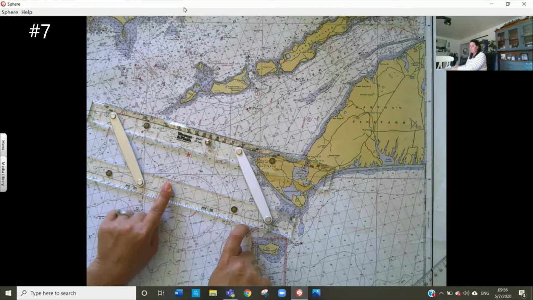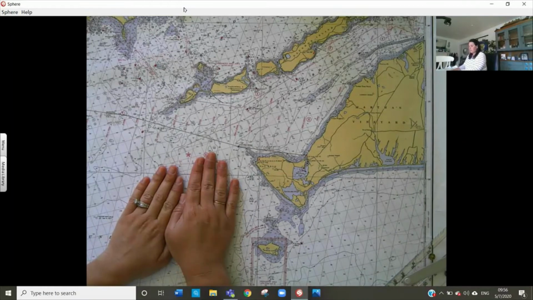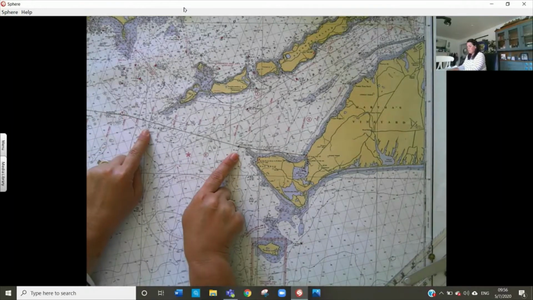Draw in your line, and then you could read our 104. So that works out. So that is our course, and our speed was 5.6, so we're slowing down a little bit. So we have our course of 104 degrees true, and our speed of 5.6 knots.